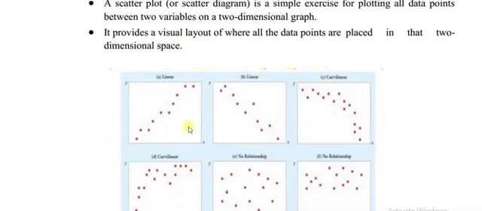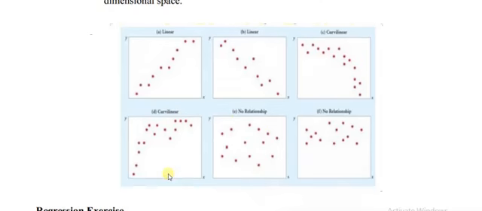So this is how the two-dimensional scatter plot of the data points is represented. This one is linear, increasing with the increasing value, and this is again a linear representation, but in a decreasing format. This is non-linear, this is a collinear.